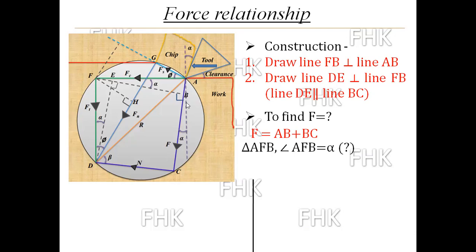To that construction line, this Fc is perpendicular, and to that line AC, you draw the construction line FB. So when these two lines make angle alpha, the lines perpendicular to those two lines will again make angle alpha.